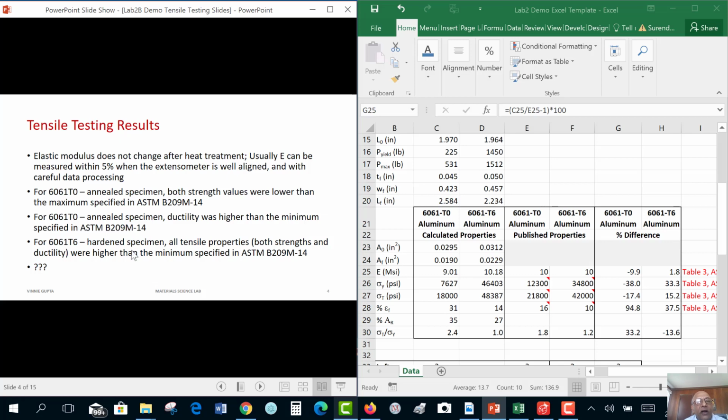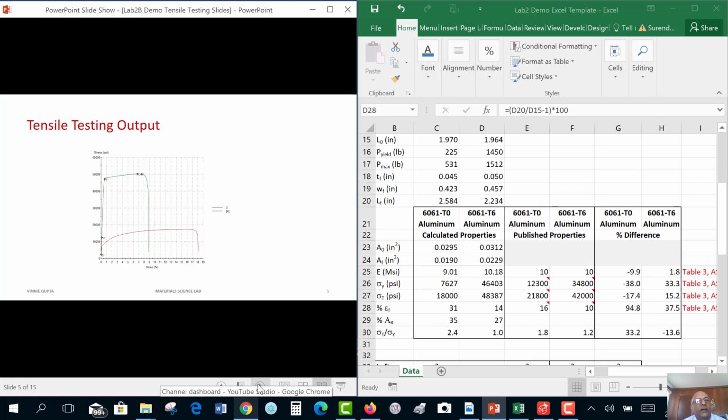Now, for the hardened specimen, they specify minimum properties. And you can see we exceed both the yield strength, tensile strength, and of course, ductility. Now, you might want to think of other things that I'm not mentioning here. So think about it.